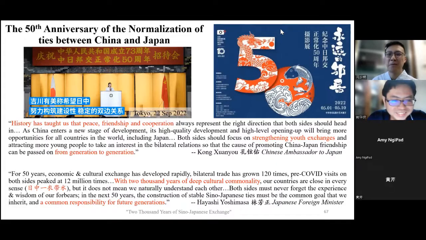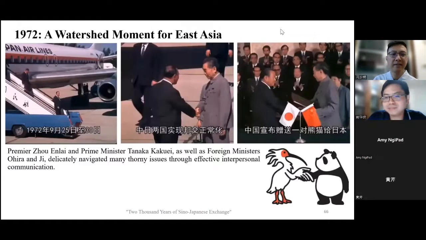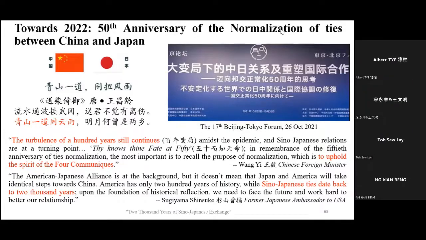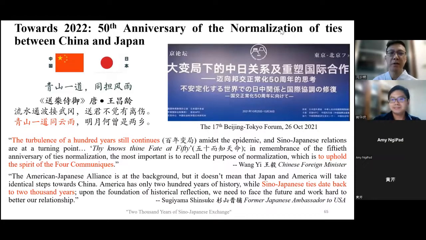From my understanding, let me go back to this slide. I will answer this question with reference to slide 65, which I show on screen now, with a statement by Wang Yi. Wang Yi says the turbulence of 100 years still continues, and this turbulence actually starts from the war in 1895.